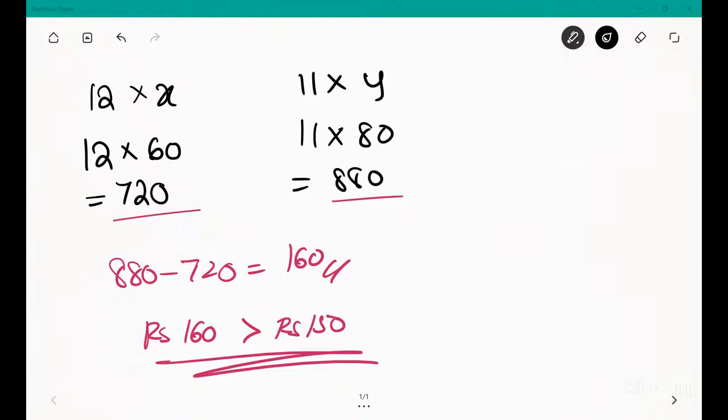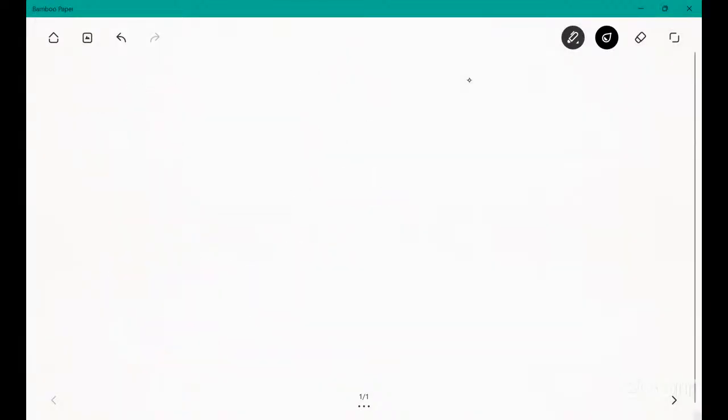Okay. Now let's go to the last part, which is making the subject. This is another additional part that can come, making a certain part a subject in a formula. Here they have given us u is equal to root 2gh, and they're asking us to make h the subject.